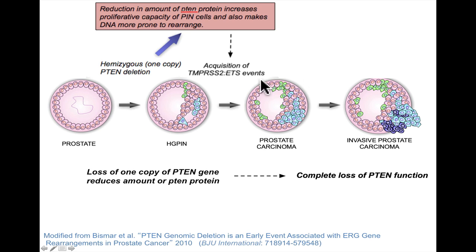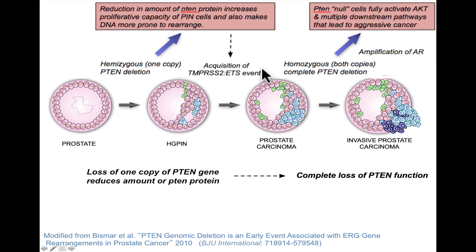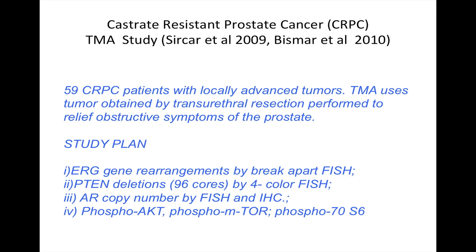So changes such as the TMPRSS2-ETS fusion event could also occur around this time. And then I think when prostate cancer occurs and progresses, one loses a second copy of PTEN, and this seems to lead to a more aggressive phenotype. And so I wanted to just finalize this session with a little discussion on that.